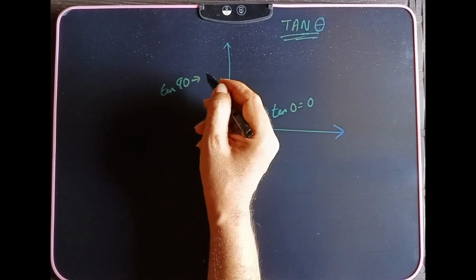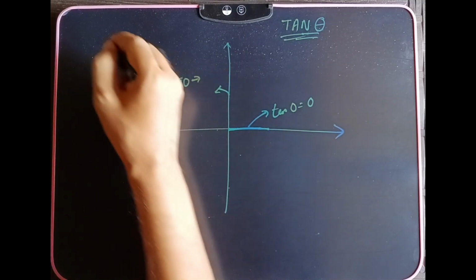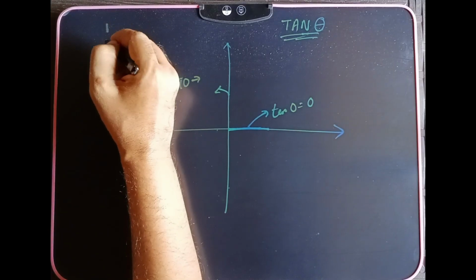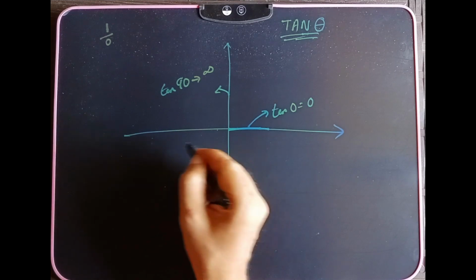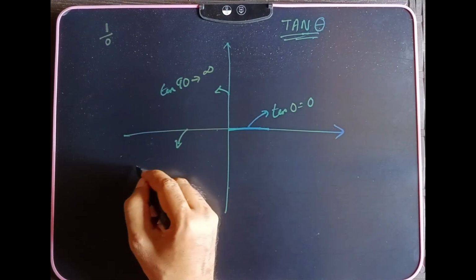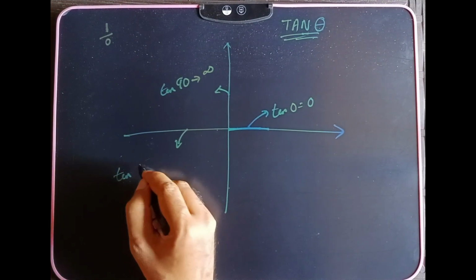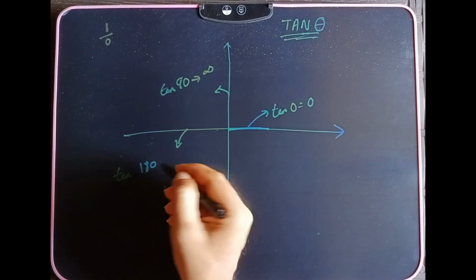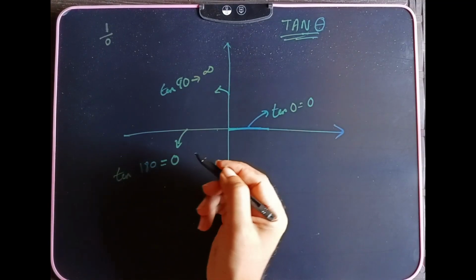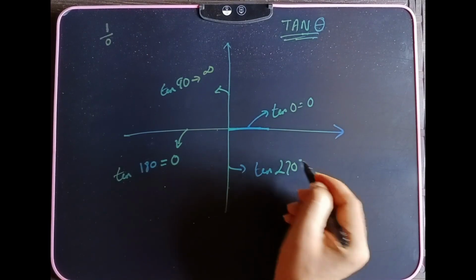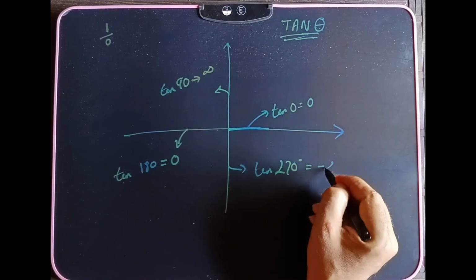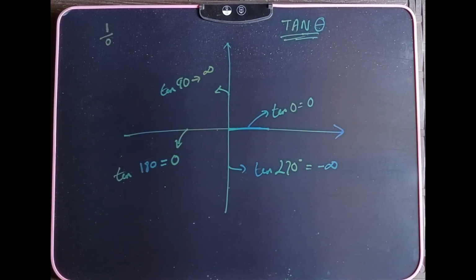Tan of 90 is sine 90 by cos 90. Sine 90 is 1, and cos 90 is 0, so this turns out to be infinity. Tan of 180 is going to be 0 again. Tan of 270 is going to be minus infinity. These are the possible values.